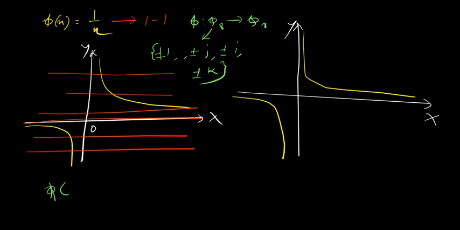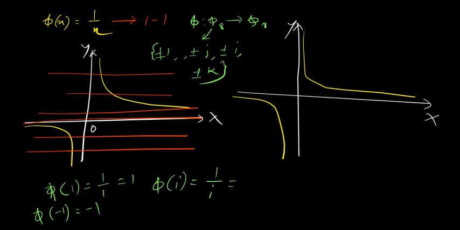If you take x equal to 1, then it will be 1 by 1, that means 1. If you take phi of minus 1, then it will be minus 1. If you take phi of i, then it will be 1 by i.